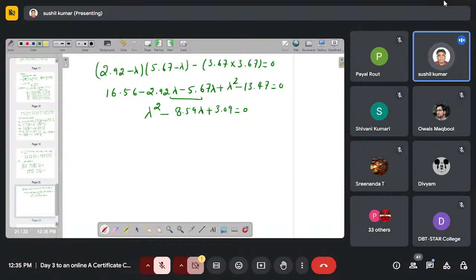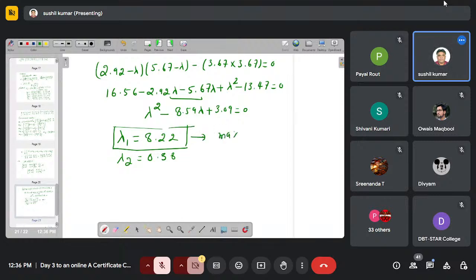And if you want to solve this equation, you can solve it, and it will give you two values of lambda. One will be 8.22 and lambda 2 will be 0.38. When you get two values of eigenvalue, you will always take the maximum value.